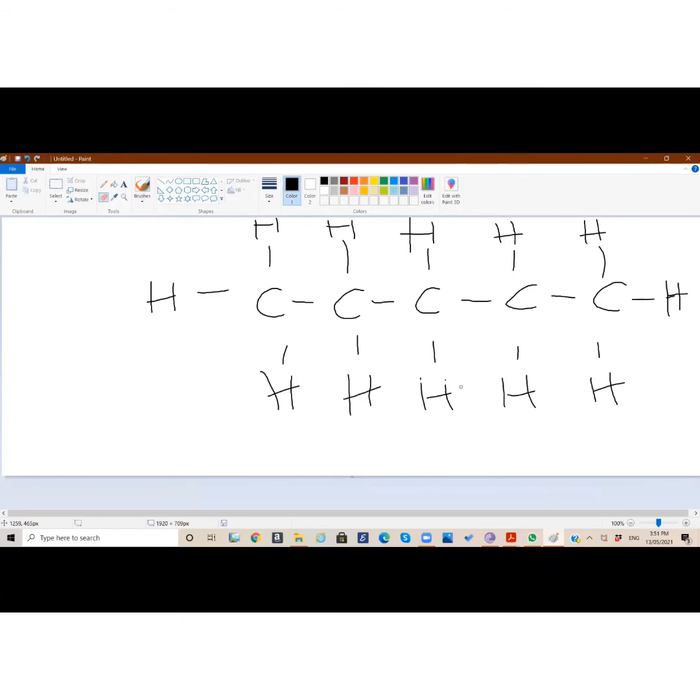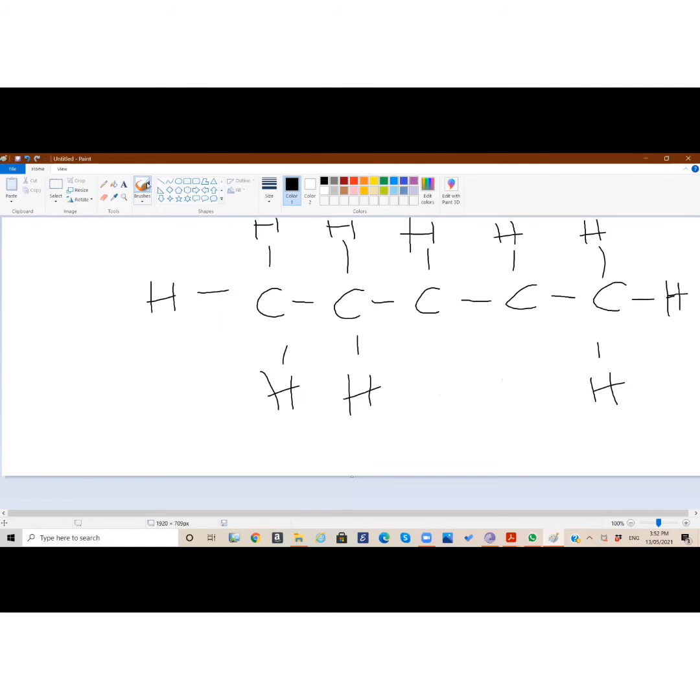So we're going to have to remove 2 of those hydrogens from the alkane. Now remember, each carbon atom has to be bonded to 4 other things.